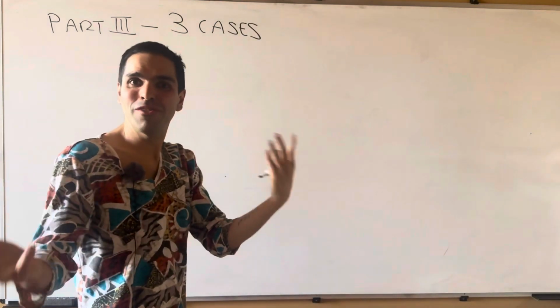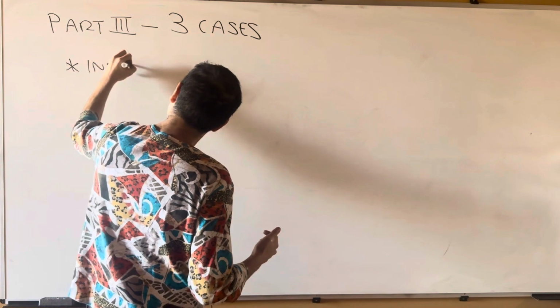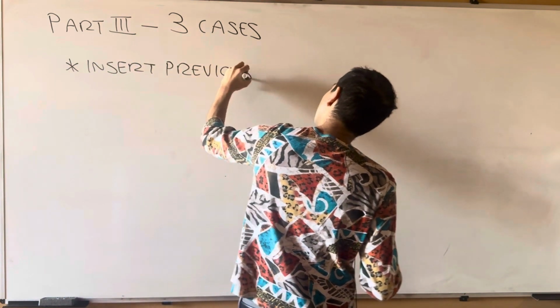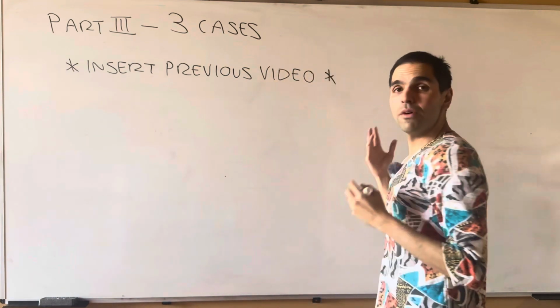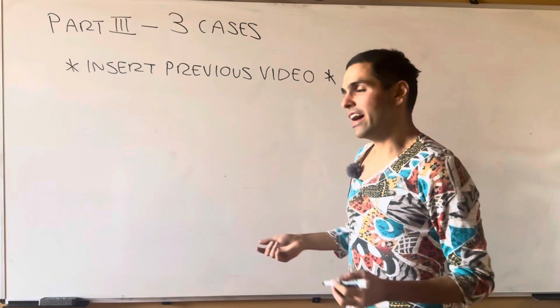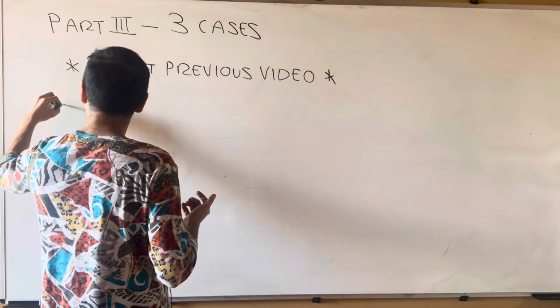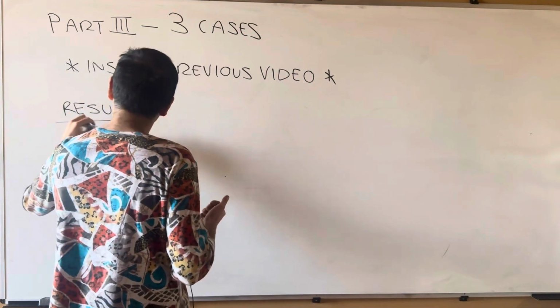So here is where I would insert the previous video in the playlist, of course. Or you can check out my lecture notes. And what was the result? We found that lambda is precisely minus the square of the positive integers.